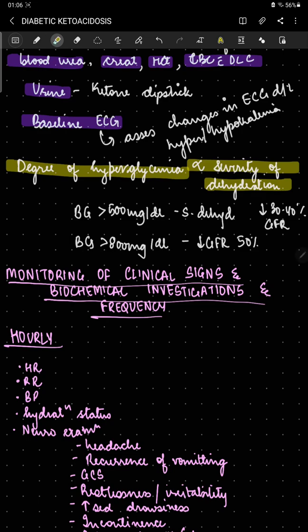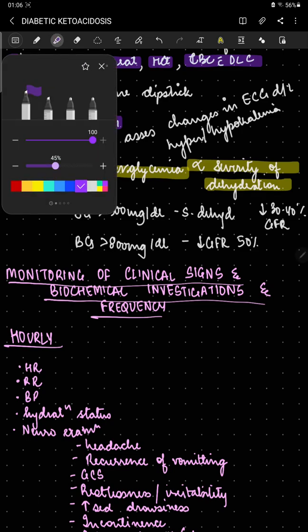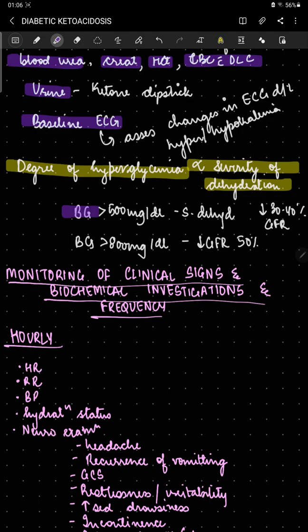Quoting some values here, if the blood glucose is more than 500, it is suggestive of severe dehydration and the GFR might fall to 30 or 40% of normal. And if the blood glucose is even more than 800, then the GFR would decrease to almost 50%.